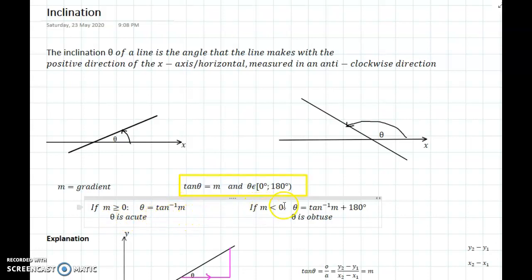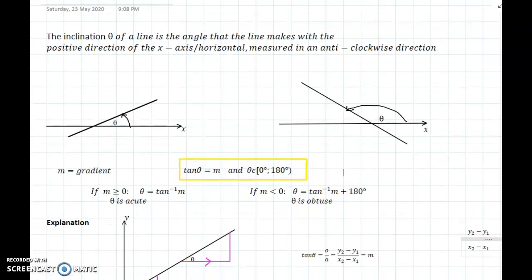However, if the gradient is negative, as in this case, when I work out theta, and I'll say arctan of m of the gradient, I will have to add 180 degrees in order to get the obtuse angle. And let me explain where does this come from, that tan theta is equal to m.